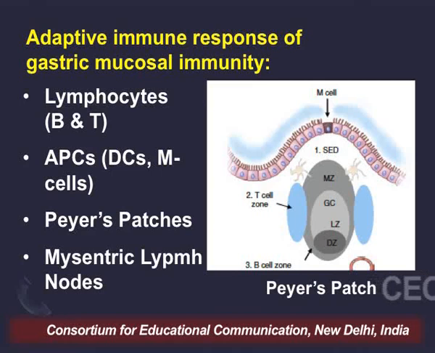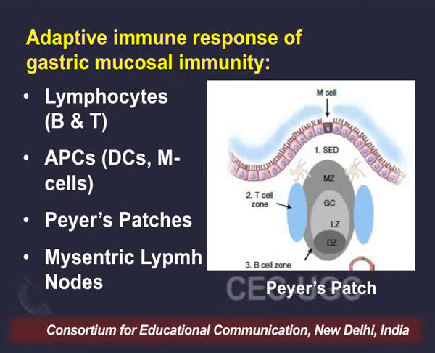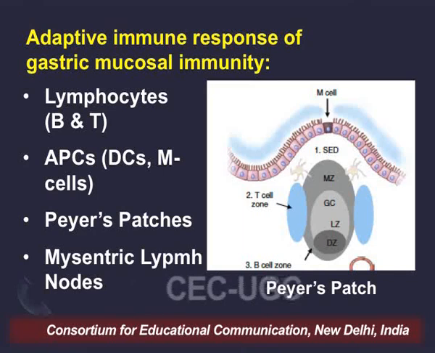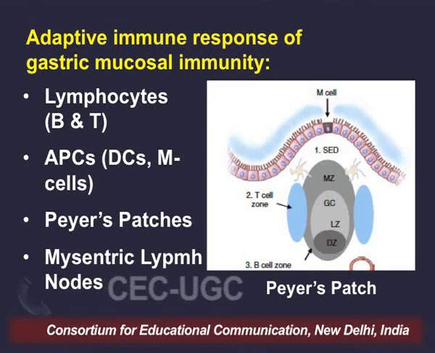The second portion is the follicle region, and the follicle region is further differentiated into the B cell zone, which is also known as germinal center, as you can see in the picture, the mantle zone or the MZ, and the T cell zone. Now the germinal center, which is the B cell zone, is further divided into a light zone, which has resting B cells, also known as centrocytes, and the dark zone, which contains the dividing or proliferating B cells, also known as centroblasts.